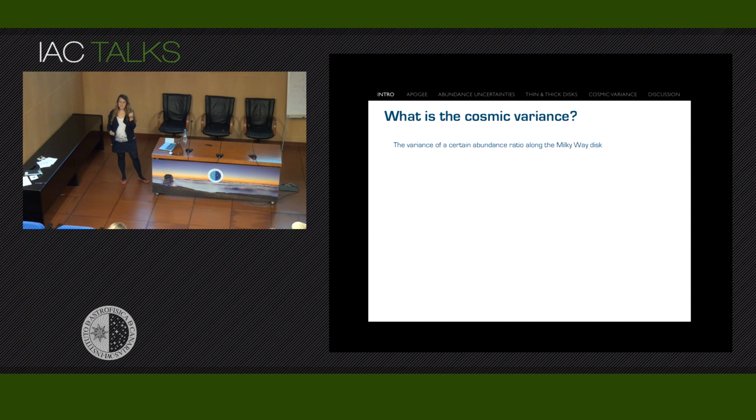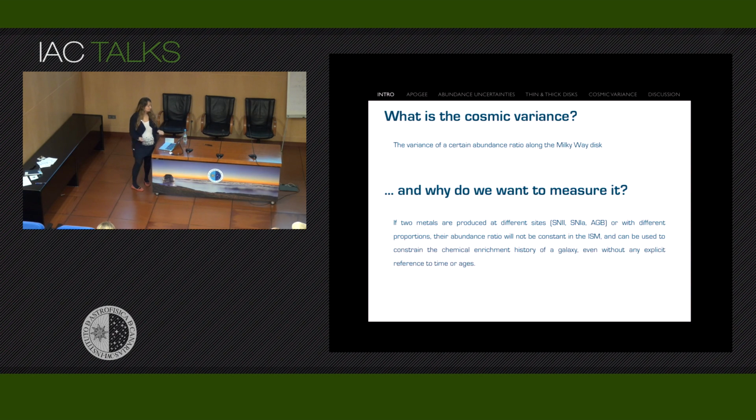One is the errors, the intrinsic errors of the measurement, but you will probably also have a contribution from a cosmic scatter, which means that this ratio of abundances is not the same in all the galactic disk. So basically, when you try to measure the cosmic variance, what you have to do is to push your errors down enough to be able to detect this cosmic variance.